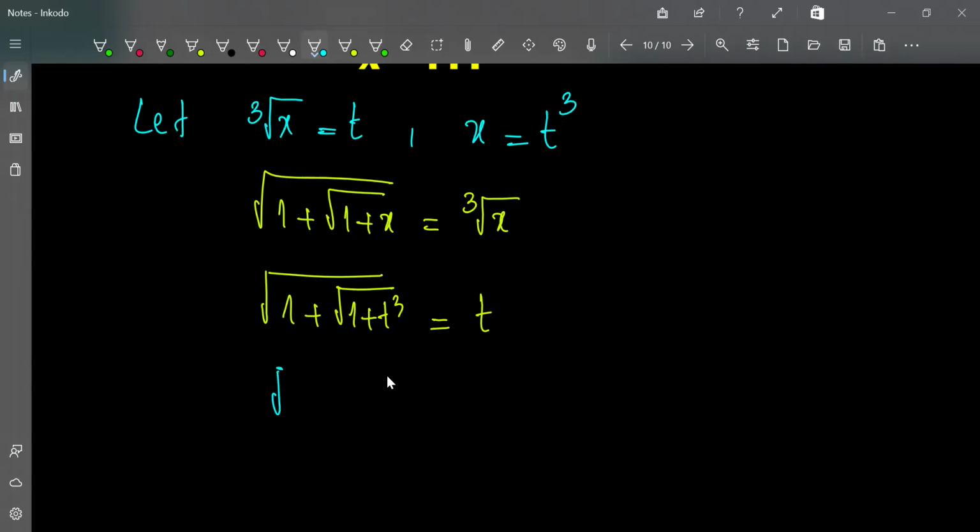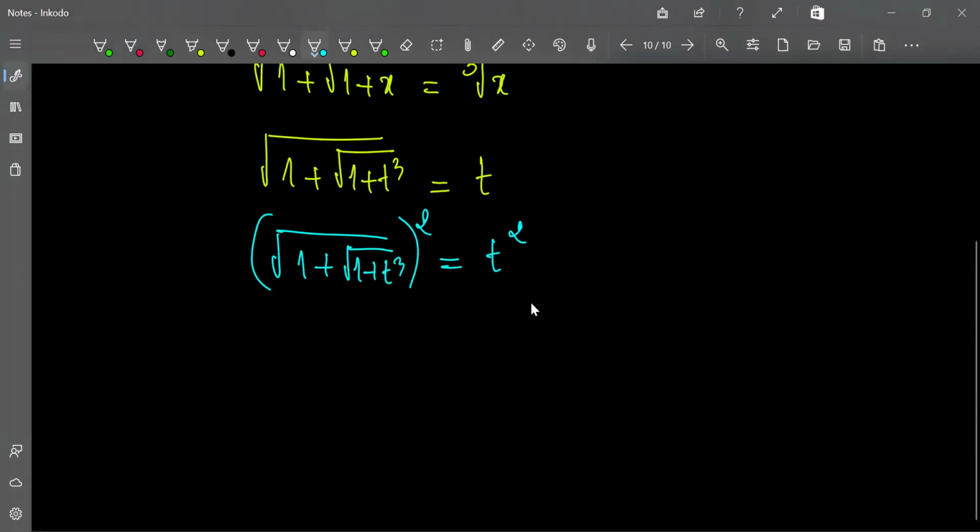Okay, so it becomes 1 plus the square root of 1 plus t cubed, squared, and equal to t squared. So we need to simplify the square root and its exponent.